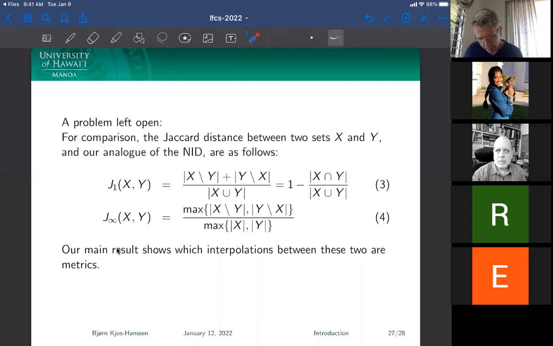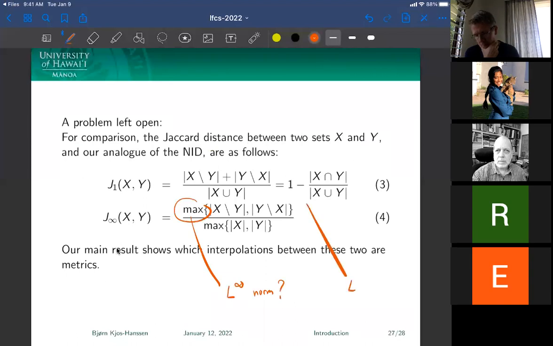When you see the maximum like that, maybe it's natural to think of this as sort of like an L infinity norm. And when you just have the cardinality, maybe that's more like an L1 norm.